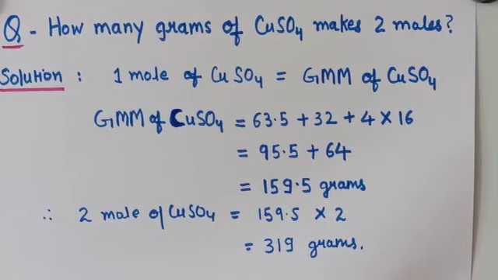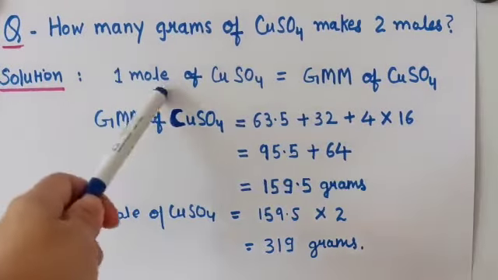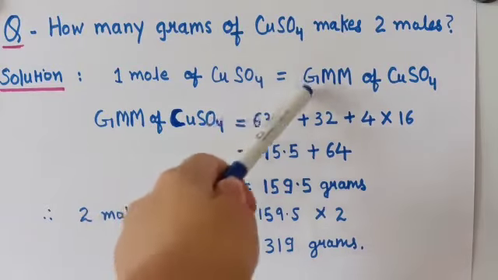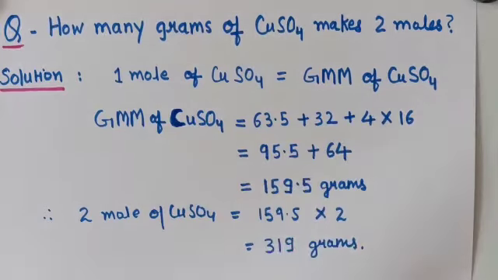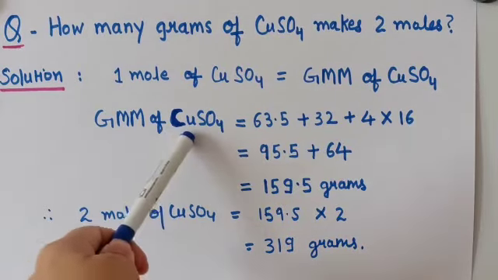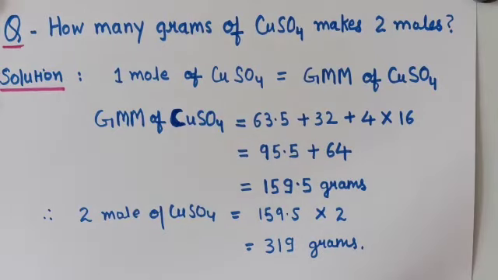So we can write that 1 mole of copper sulfate is equal to the gram molecular mass of copper sulfate, and the gram molecular mass of copper sulfate can be calculated as follows.